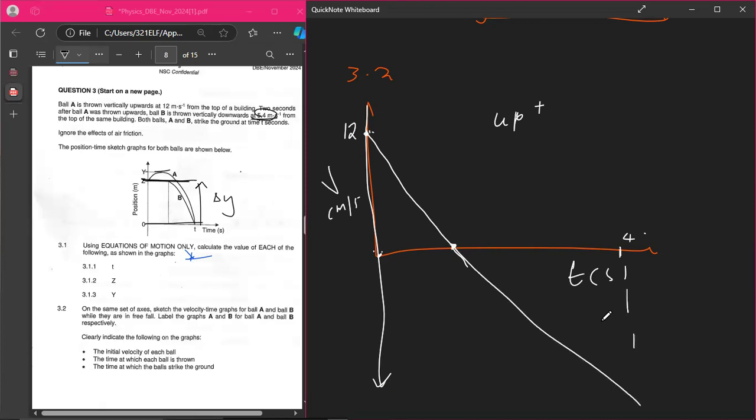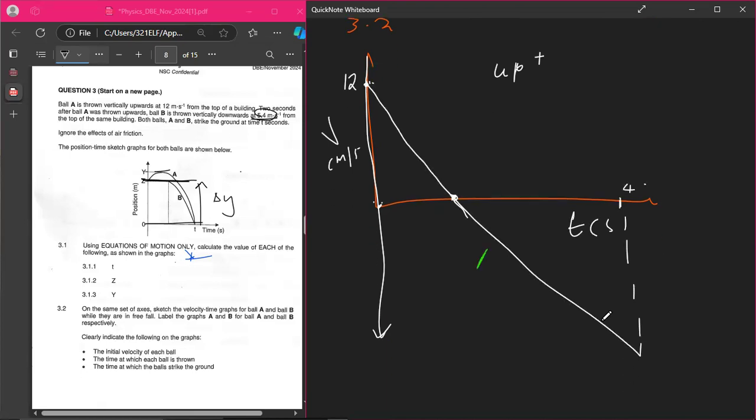Remember, this is a straight line graph. So after 4 seconds, it hits the ground. That is ball A. But for ball B, we start at 2 seconds. We need to sketch it from 2 seconds at an initial velocity of negative 5.4.